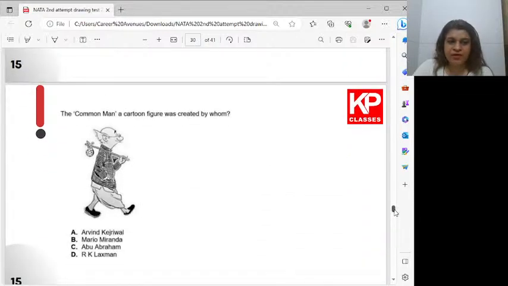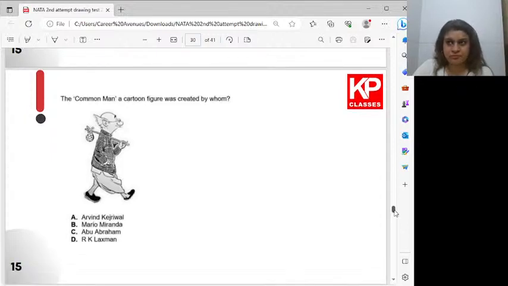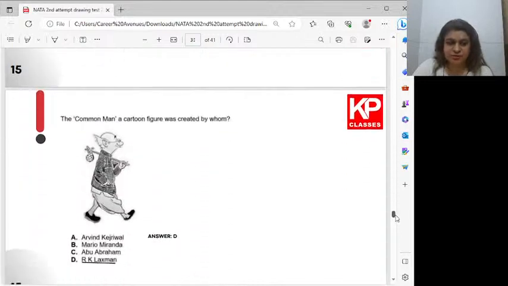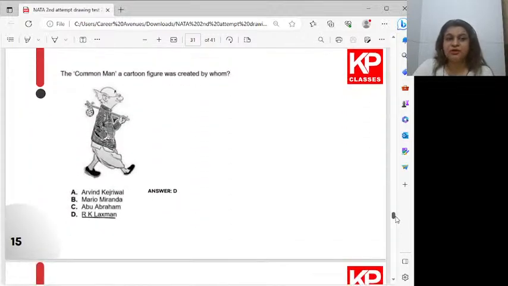Again, a very, very common image over here. All of you, if you have picked up a copy of Times of India, you'll find this cartoon every day in that newspaper, right? This was created by cartoonist R.K. Laxman.